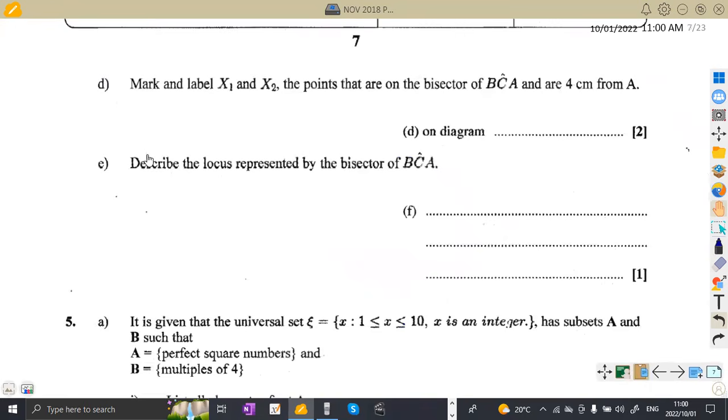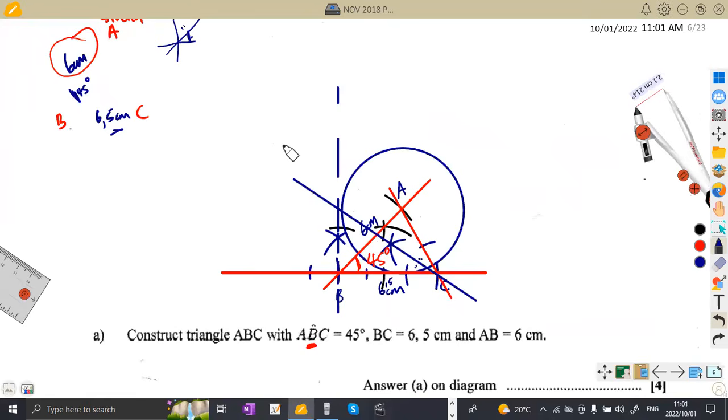Okay, so here we're now asked to mark and label x1 and x2, the points on the bisector of that angle that are 4 centimeters from A. Remember, 4 centimeters from A was a circle, and there was an angle bisector. So you need where the circle and the angle bisector meet. That is where we've got x1 and x2. So where are we going to have this x1 and x2?